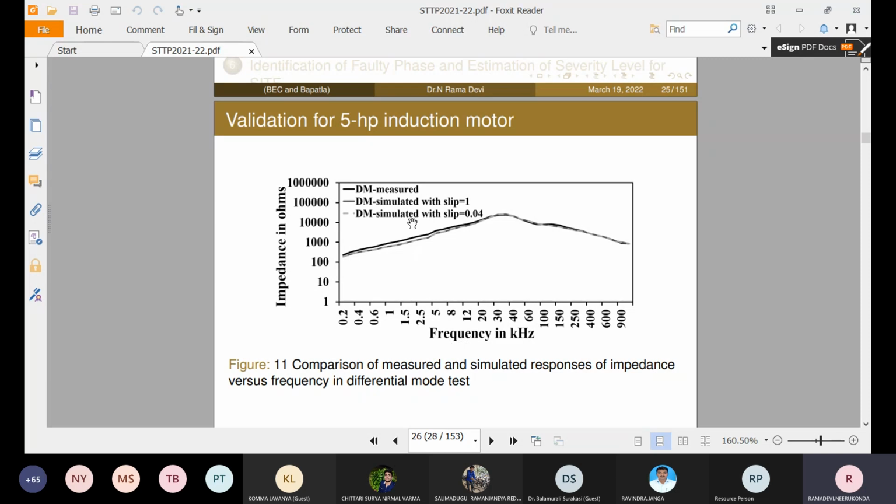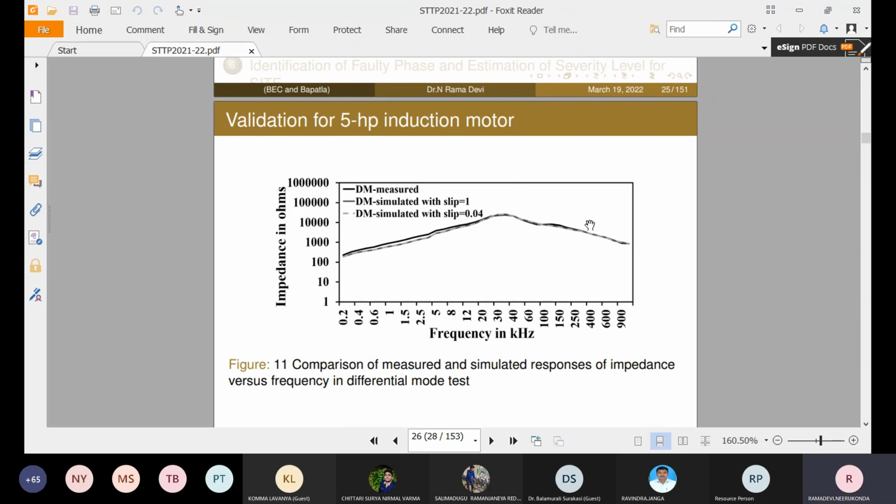These are the comparison of measured and simulated impedance versus frequency response in the differential mode test. The DM value which we have measured practically is indicated by a dark line.